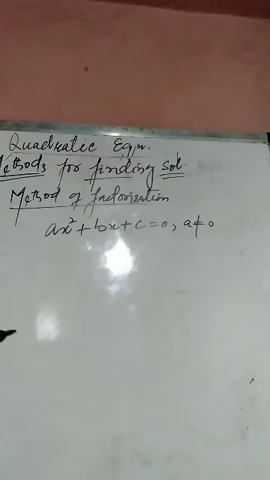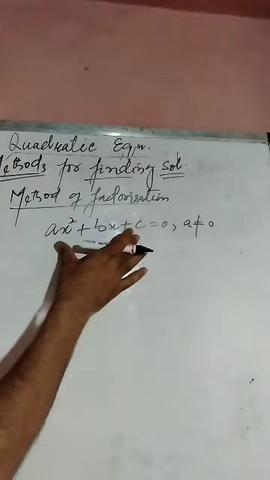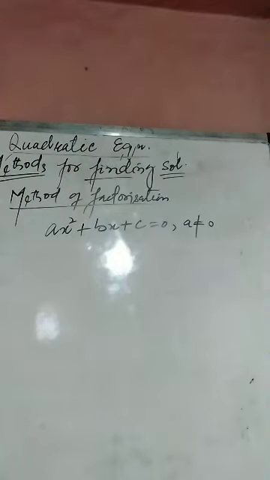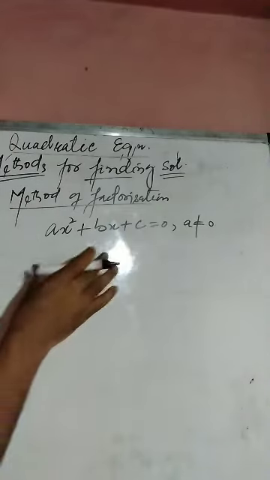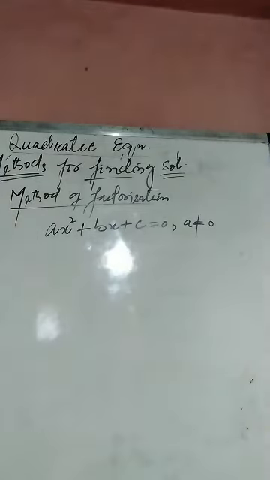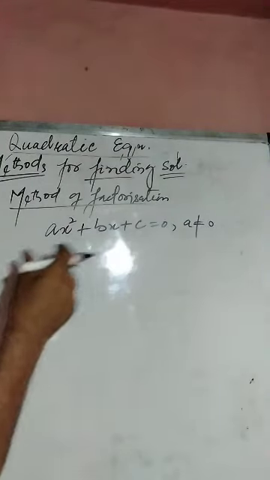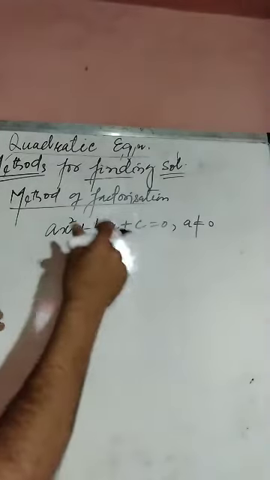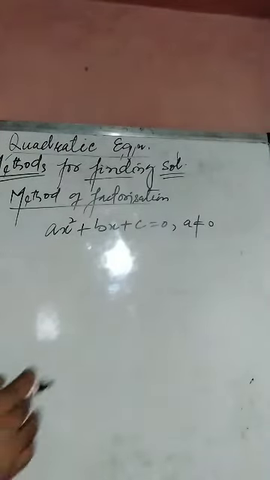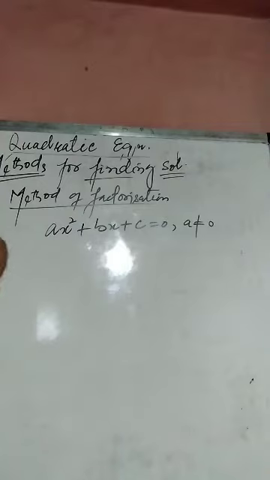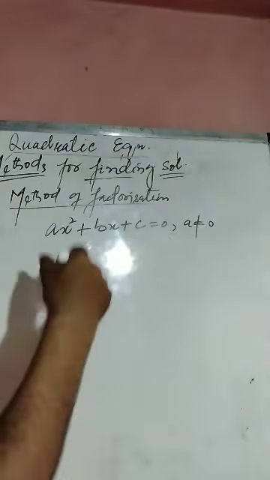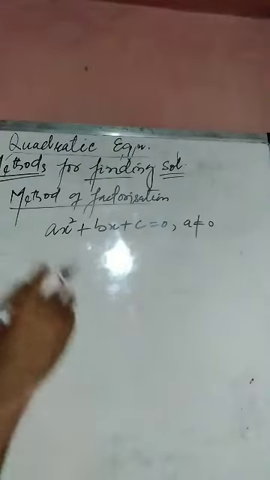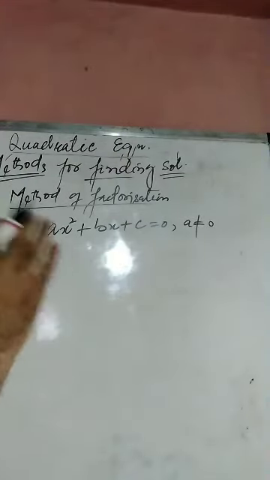The method of factorization says that the given quadratic equation will be expressed as the product of two linear factors. यानी कि जो आपकी गिवन क्वाड्रेटिक इक्वेशन है, हम इसको दो लीनियर फैक्टर्स के प्रोडक्ट के बराबर एक्सप्रेस कर सकते हैं, और फिर हर एक लीनियर फैक्टर को हम इक्वेट करेंगे 0. That will give us the value of the variable in each factor.